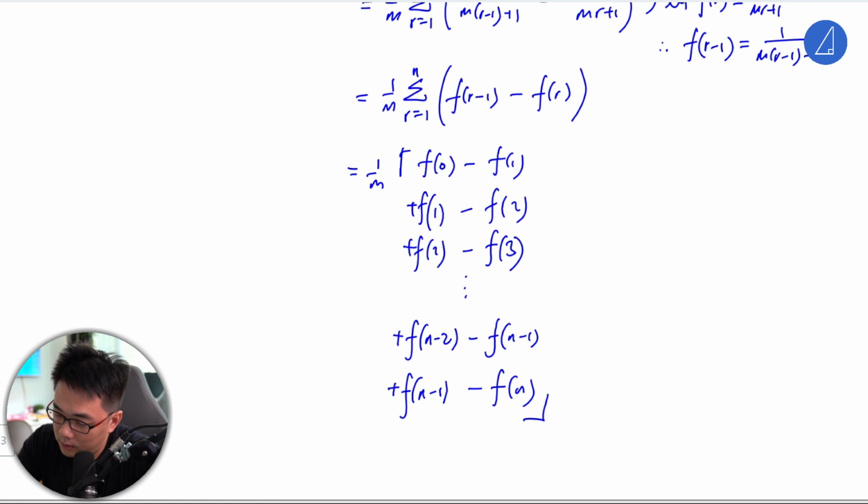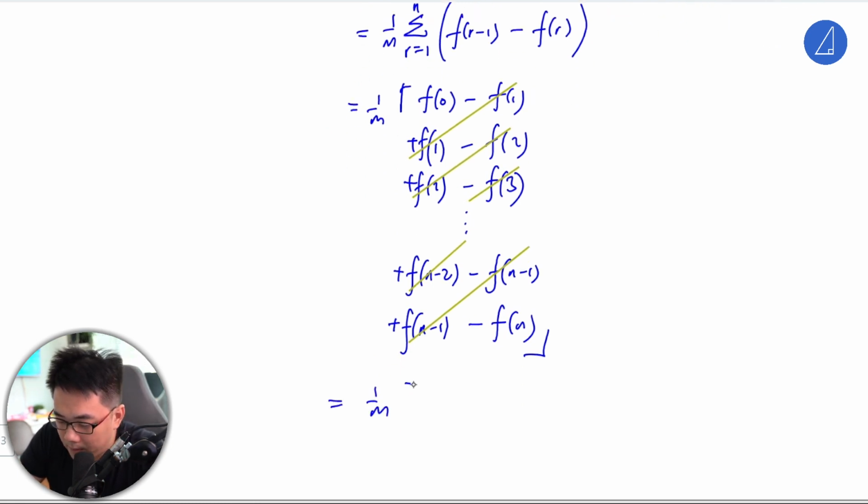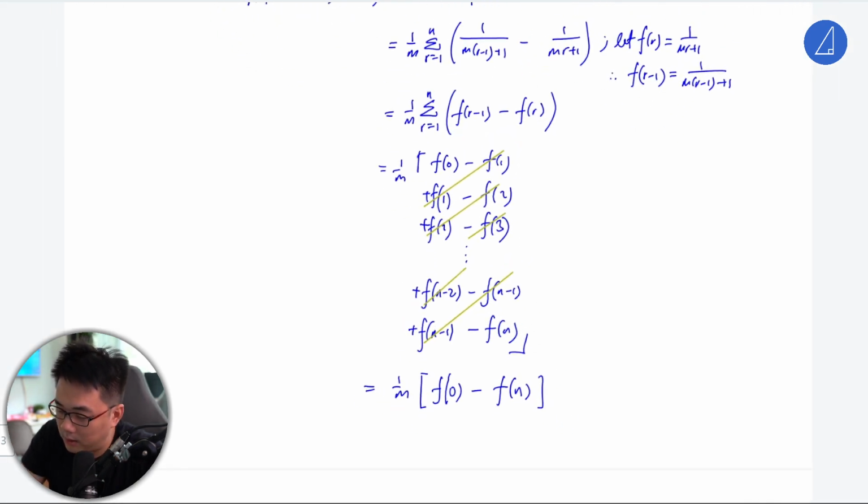In this case here, we're just gonna telescope it, cancel, method of difference. So that would be 1 over m times f(0) minus f(n). Okay, so f(0) will just be, substitute this in, 1 over (0 + 1), so it's 1 minus 1 over (mn + 1).